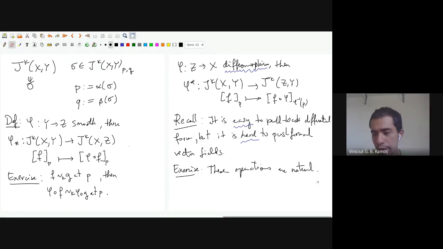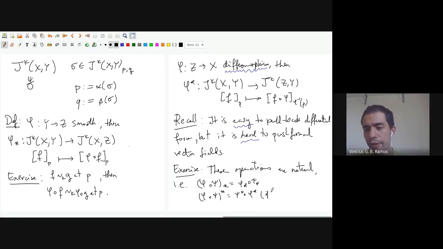This means that if you take the composition of two, so phi composed with psi, and you look at the push forward, this is phi push forward composed with psi push forward. When you do the pullback, it's the same thing, but with the opposite order.